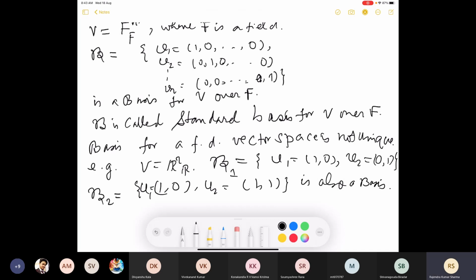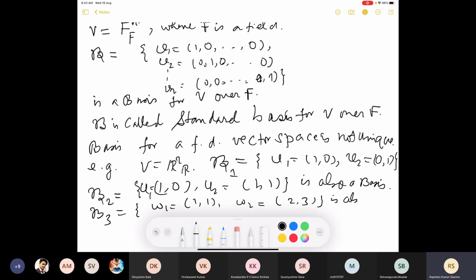So basis is not unique, but only the basis B1 is called the standard basis. There may be other bases, say B3. So you can take W1 as (1, 1) and W2 as (2, 3).